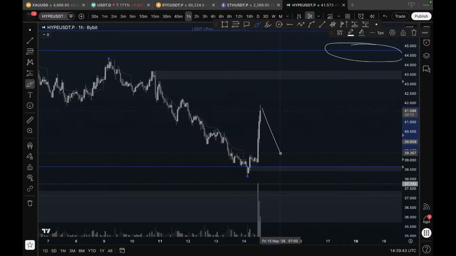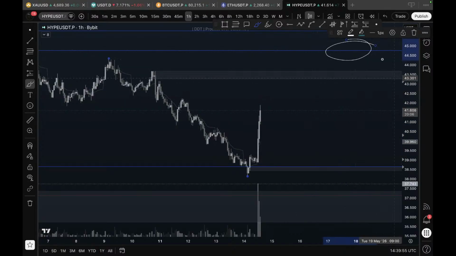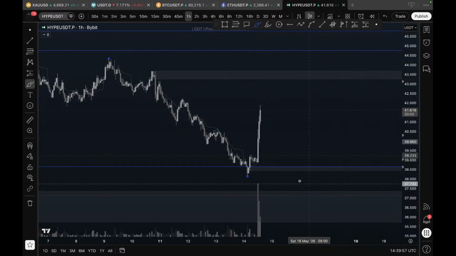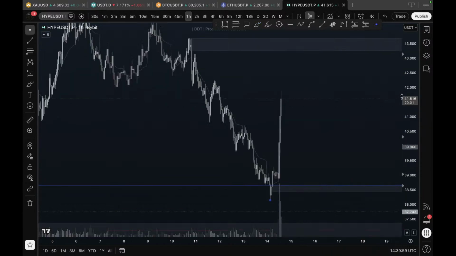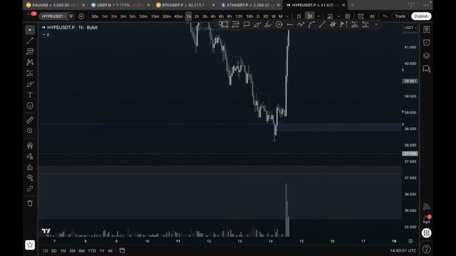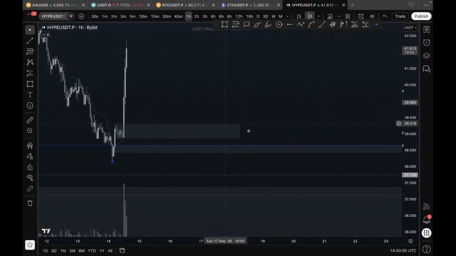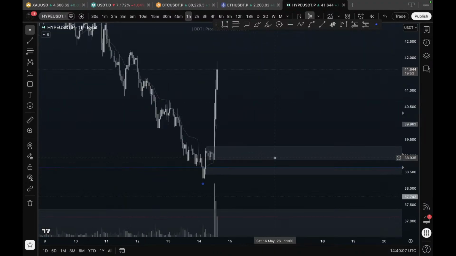Or do we come back down to retest the demand levels left behind right here? Then flip structure back, and then that can be a long. So technically we want to look for longs towards that technical target with the cleanest demand levels left behind right here. That's pretty deep to give a full retrace.